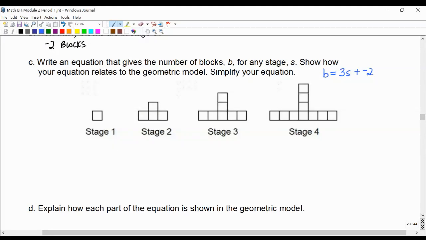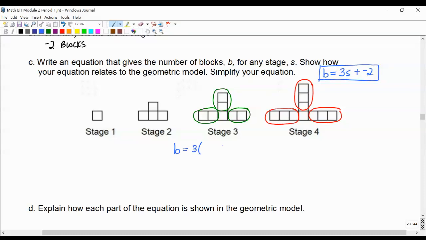All right, so we actually already marked it up. But down here, let's see if we can find another way to get the same equation, maybe a different way. And that's what we did in the other example. So let's see if we can find, well, here, and here are 3 apiece and 2 apiece. All right, let's see if we can build this. So we've got 3 sets of, we need to relate these to the stage number, or independent variable.